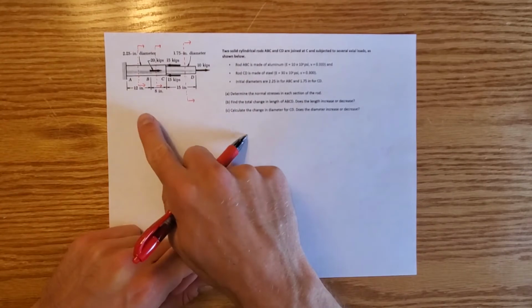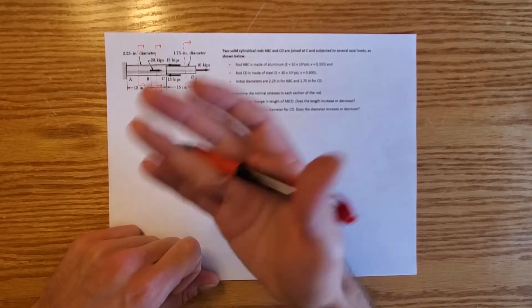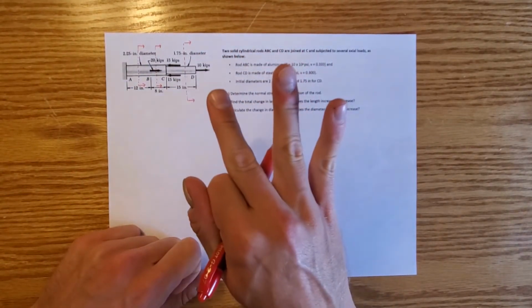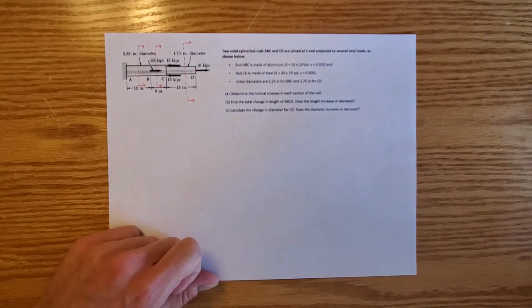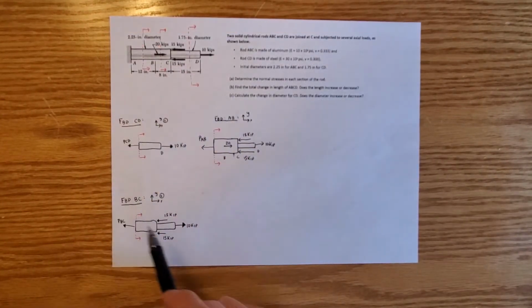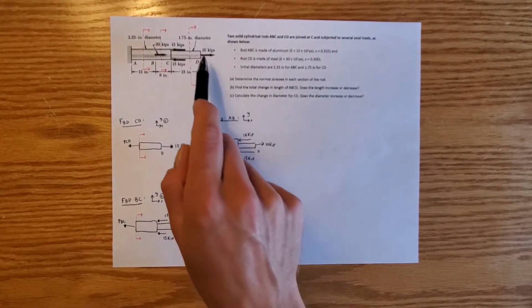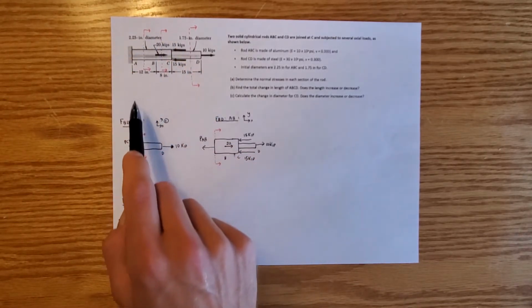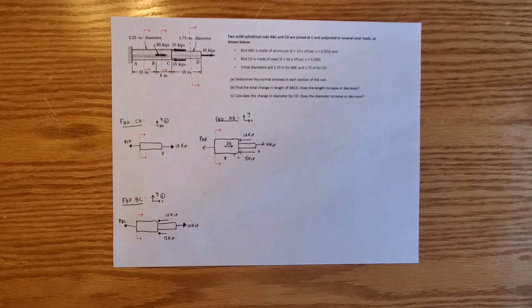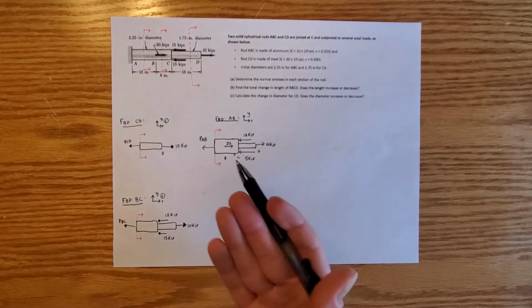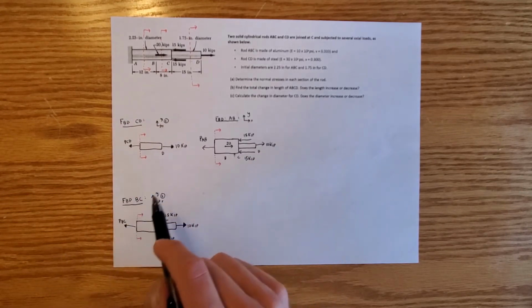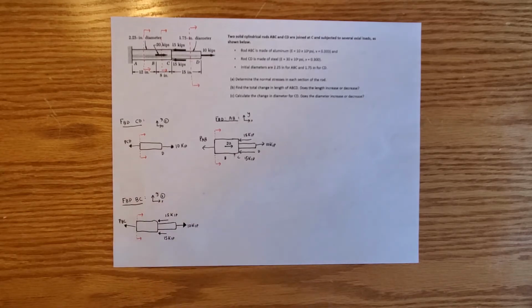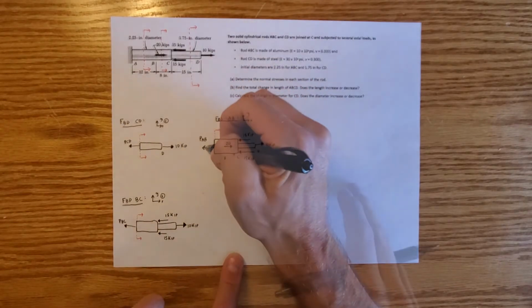Once we've made the cut lines, what we now do is we draw a free body diagram for all three of those particular spaces. Now I've drawn the free body diagram for section CD, section cut BC, and section cut AB. Here, here, and here. Now we'll go through and we'll do some of the forces to figure out the normal force inside of each one of these sections of rod.